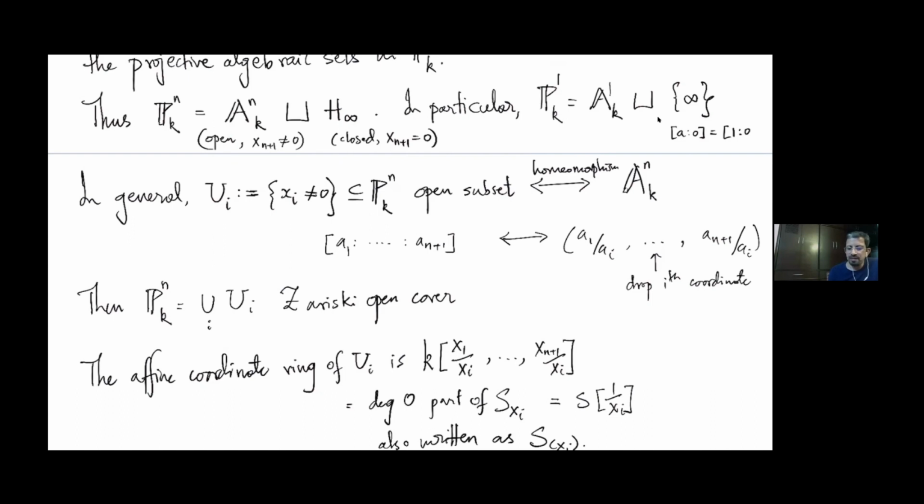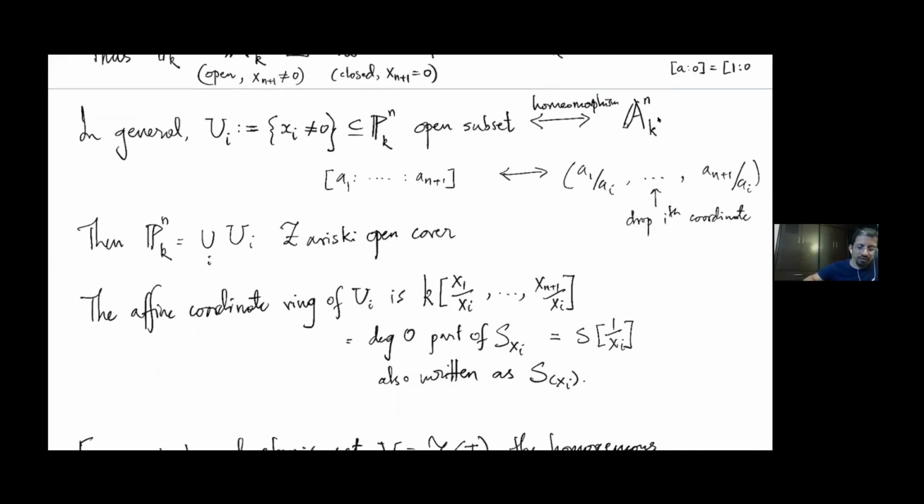Simply divide by the ith coordinate instead of the (n+1)th coordinate. And by doing that, we in fact get an open cover of P^n K by affine spaces. So P^n K is a union of n+1 open sets, each of which looks like the affine space.